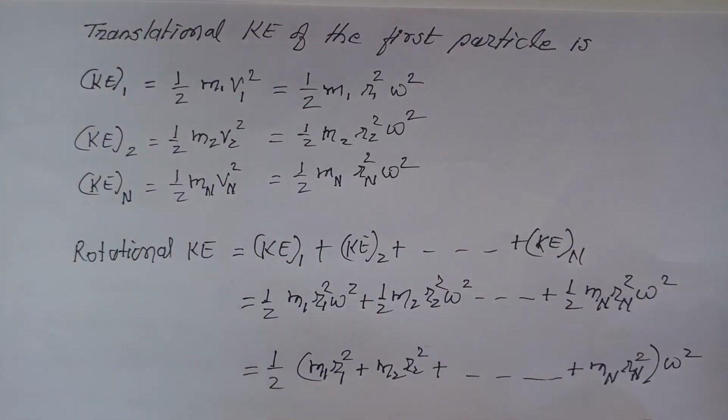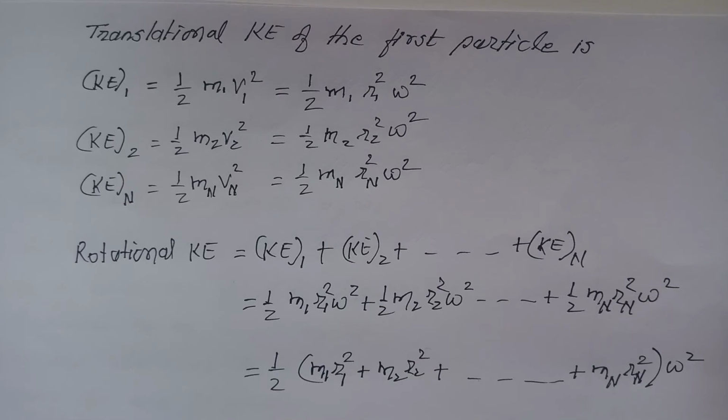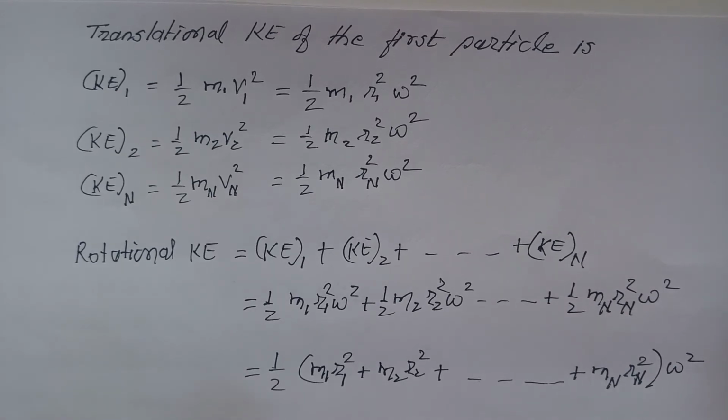Now what does this bracket represent? The bracket gives us I, because by the definition of moment of inertia, which I explained in the last video, we can find the moment of inertia of a rigid body by taking the sum of the product of the mass of each particle and the square of its distance from the axis of rotation.